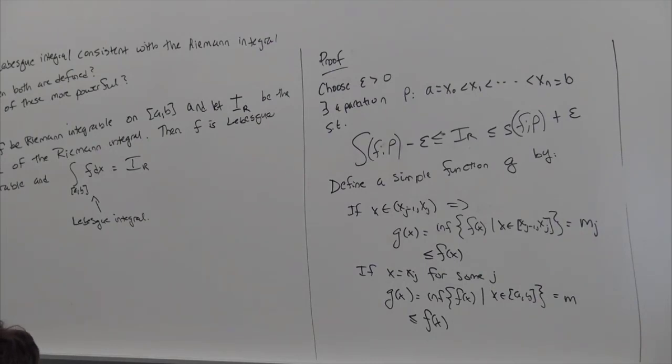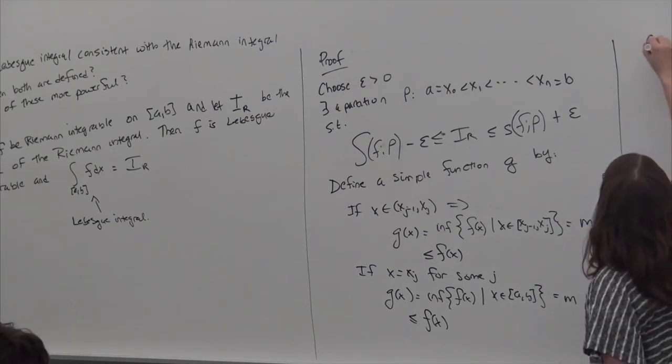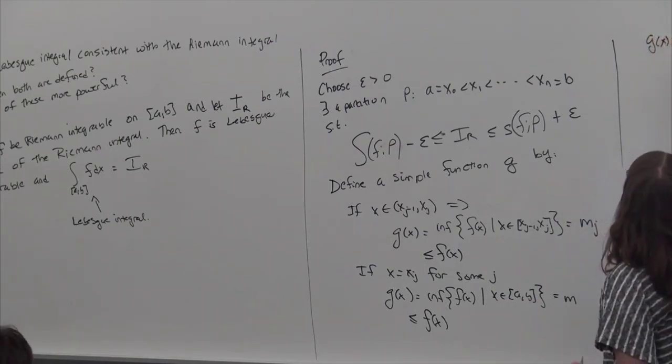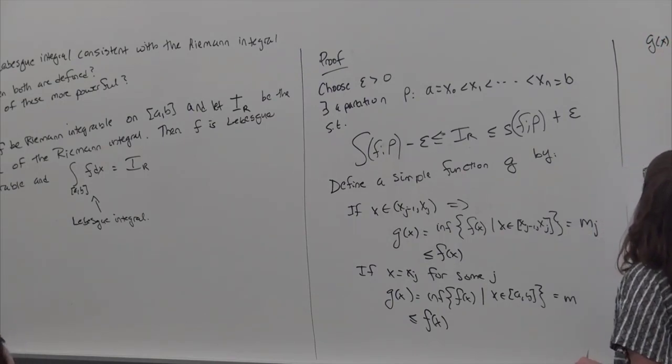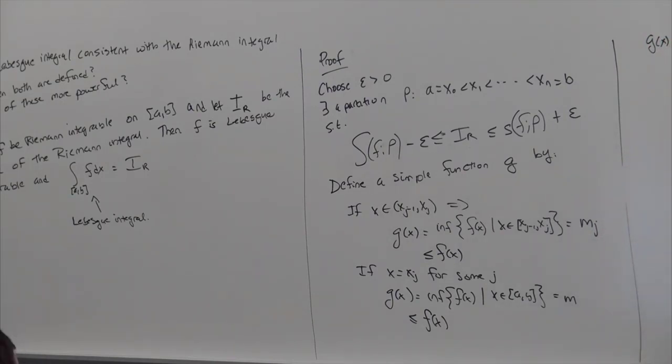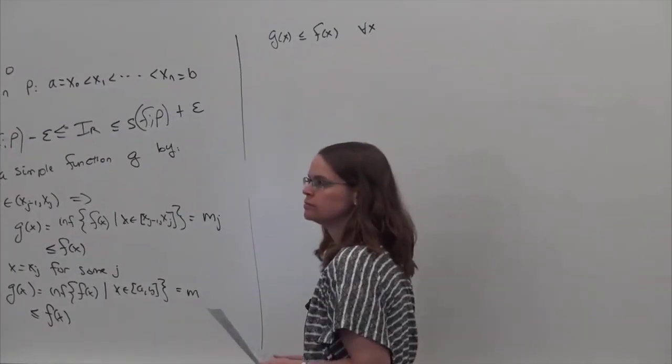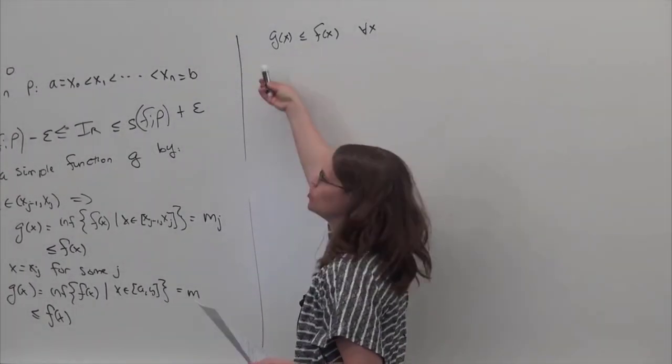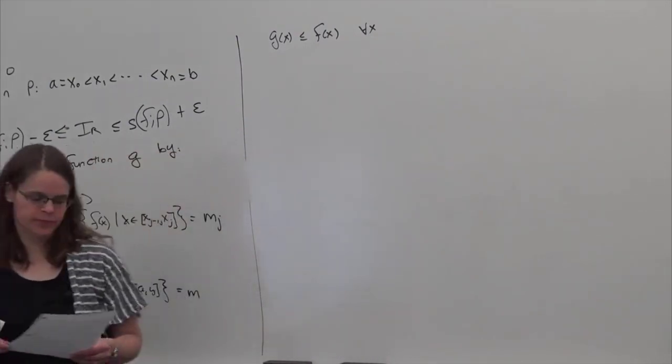Okay, so I've got an underestimator. And that means I have a lower bound on the possible values of the integral, because the integral is going to be the supremum of all of these.